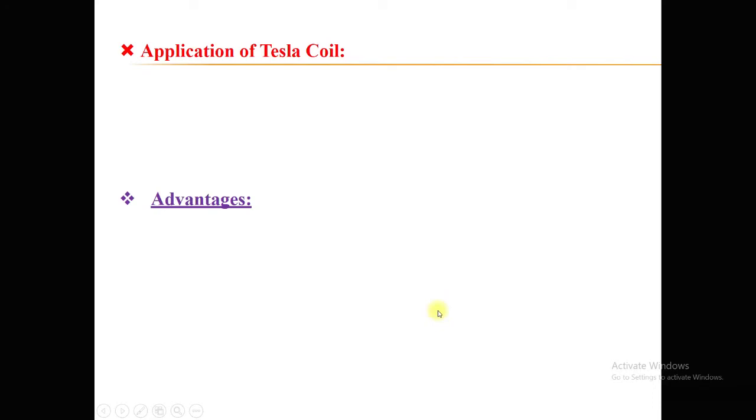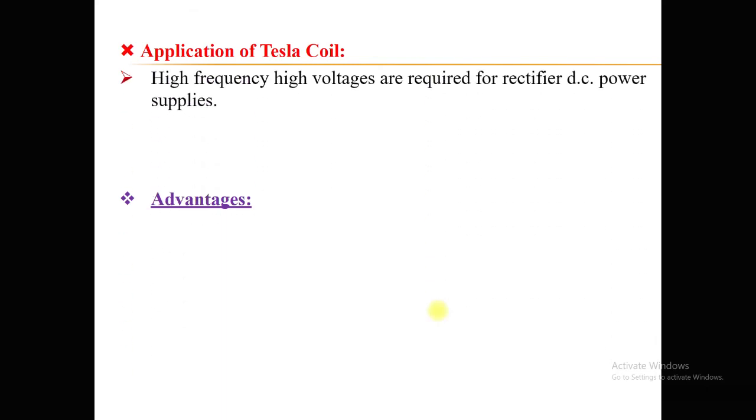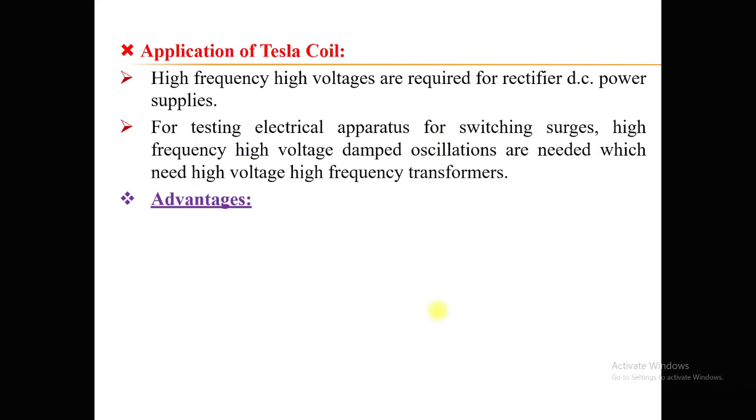So let us see the applications and the advantages of the Tesla transformer. Application wise, high frequency, high voltages are required for rectifier DC power supplies, and for testing electrical apparatus for switching surges, high frequency, high voltage damped oscillations are needed.